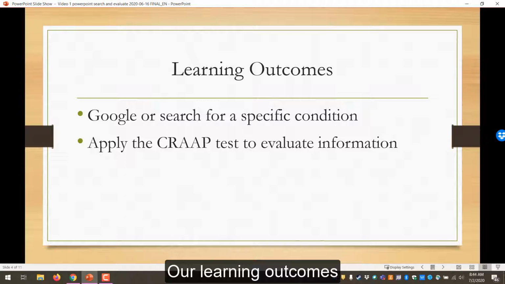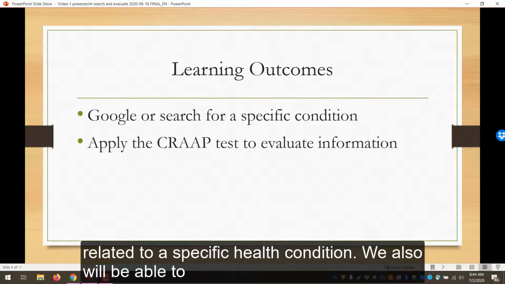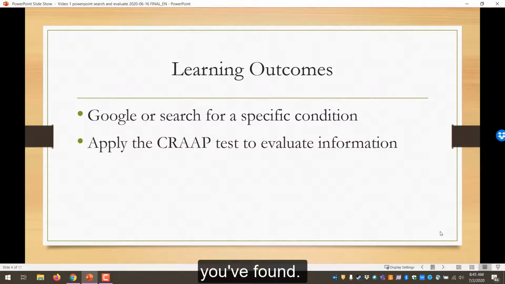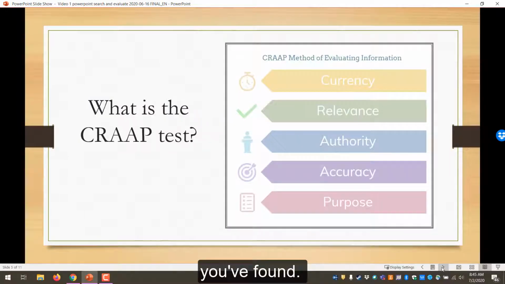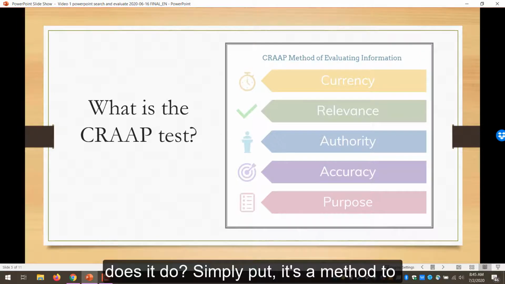Our learning outcomes today are to be able to Google and research health education materials related to a specific health condition. We also will be able to apply the CRAP test to a web page to evaluate the information you've found. So you might be wondering, what is the CRAP test and what does it do?